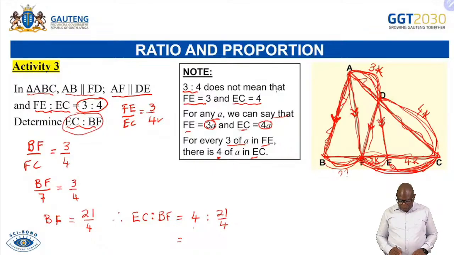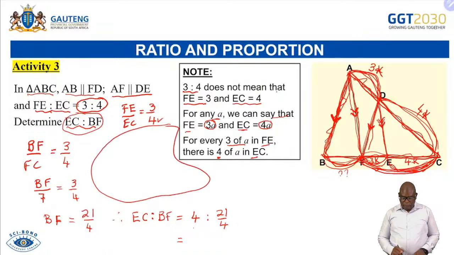Now, I don't want to write this ratio in that form. Let me create a space there. If I write it as EC over BF, I'll have 4 over 21 over 4. Agreed? Now, I don't want it to be written like that. What can I do? I'll have 4 multiplied by 4 over 21.